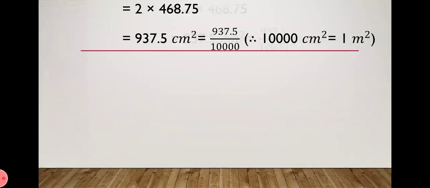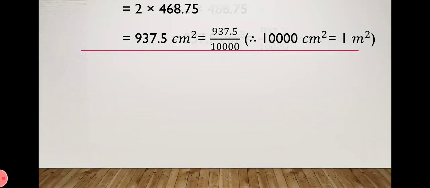Now TSA we are getting in the unit centimeter square, and the container which contains the paint is given in meter square. So we convert this smaller unit into the bigger unit because that would be better.